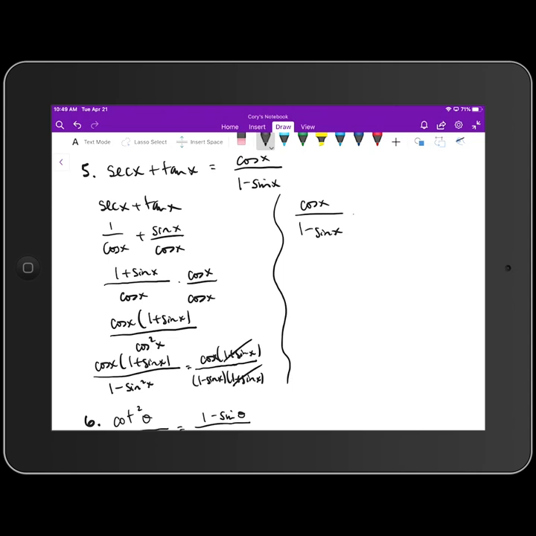Okay, so what I could do here is multiply the top and bottom by 1 plus sine, which is a new technique. We haven't done that for an identity yet.